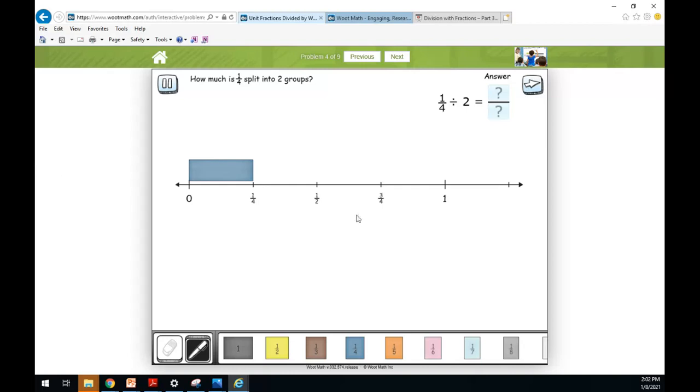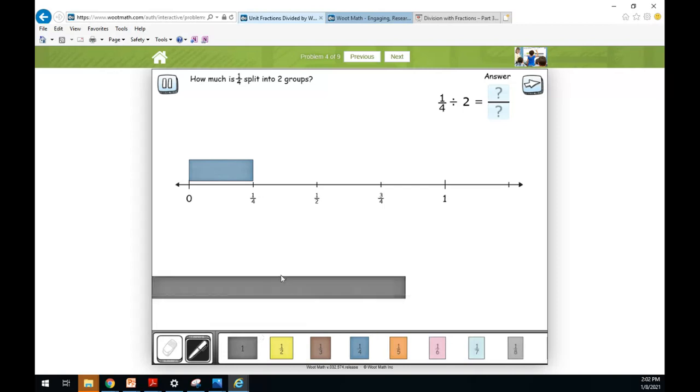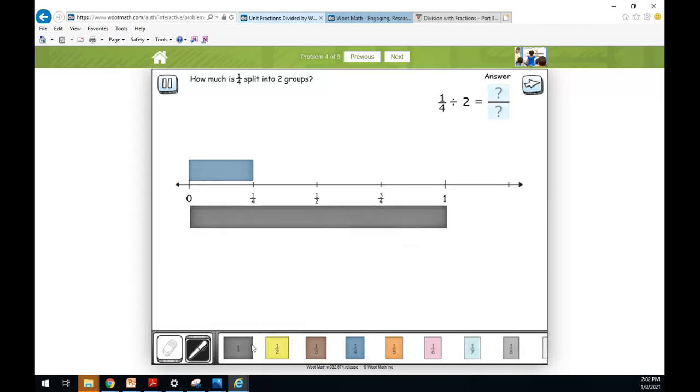Same thing here. I have 1/4. Here's my 1/4. Okay. I'm going to split this 1/4 into 2 equal groups. So the first thing I'm going to do is cut my whole into fourths.